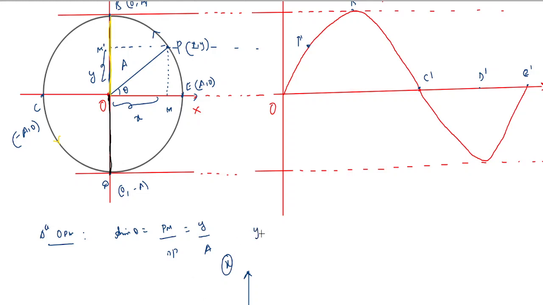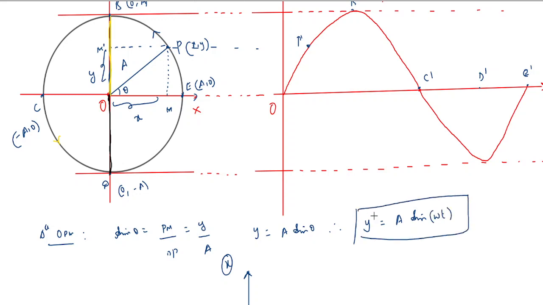So from this, we get y is equal to A into sine theta, but theta is equal to omega into t. Therefore, y is equal to A sine of omega t.